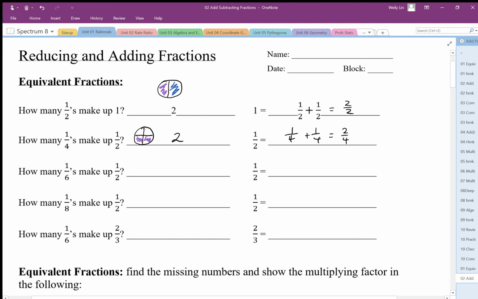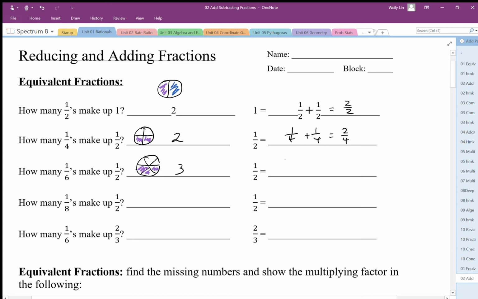So how many 1/6 fractions make up a 1/2 fraction? Well, if we look at a 1/2 fraction, and we divide it up into 1/6 pieces and count those up, we have 1, 2, 3 pieces here to make up that 1/2 fraction. So we end up with 3 pieces.